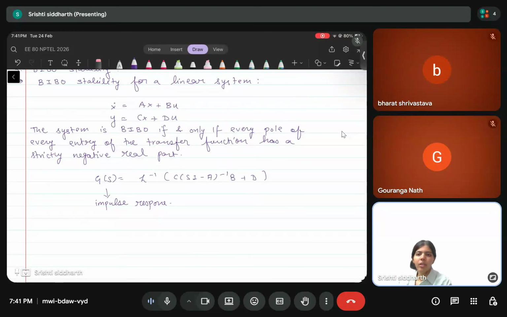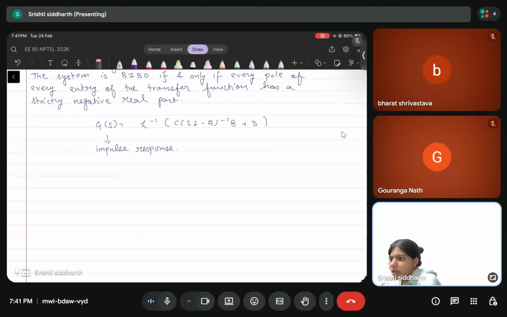And if the input is bounded, then to check that the output is bounded as well, we need the impulse response, right? So the impulse response should also be bounded, or we can also say that in the case of a linear system, the poles should have negative real parts so that it decays down to zero.